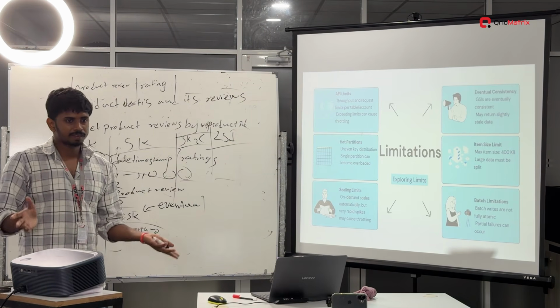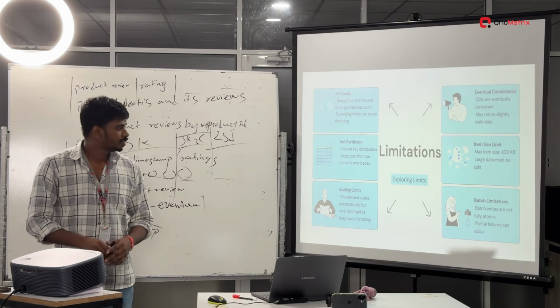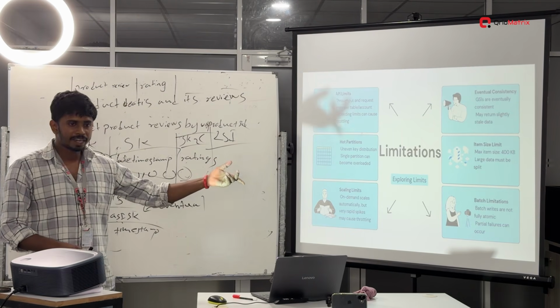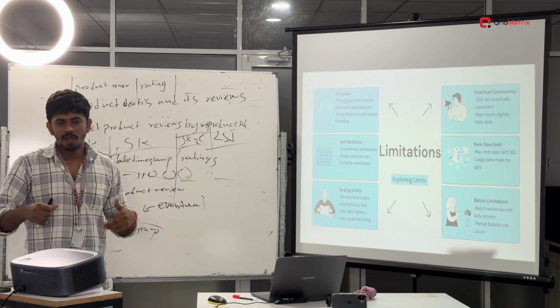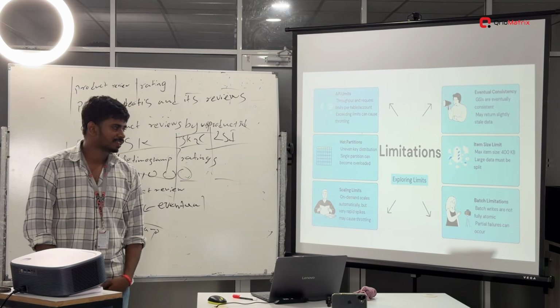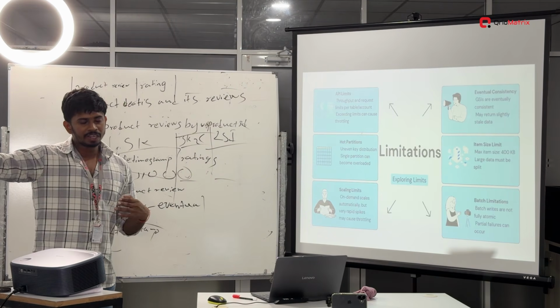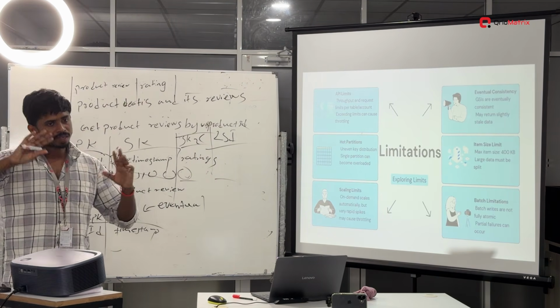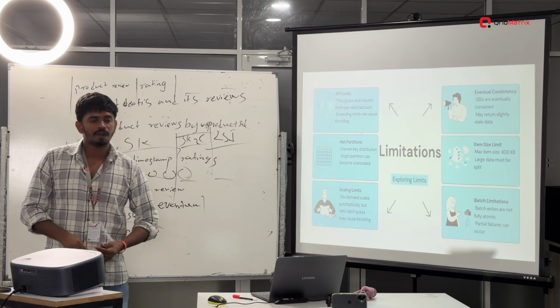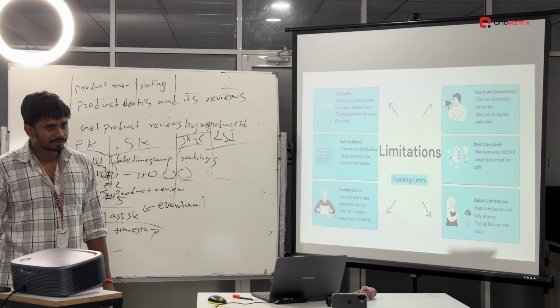Some of the data can fail. If data fails, we need to handle it ourselves. It's not guaranteed from the DB side. We need to have some mechanism to handle this failed data, like retrying it or something like that.